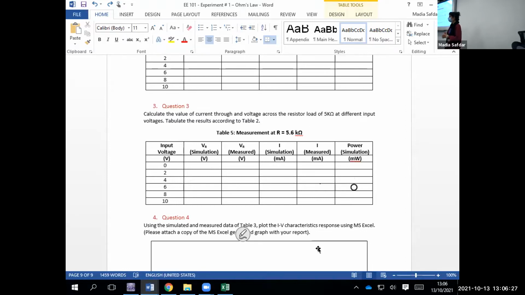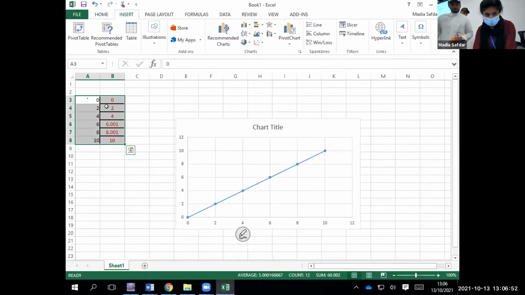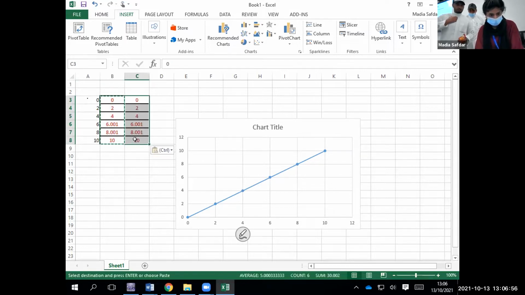For the previous question, we have measured and simulation. When we do a graph, there's one line. But for the simulated here, you will have 2 lines. How? You will put voltage, for example, you got some value, and the same value for current, put it here.